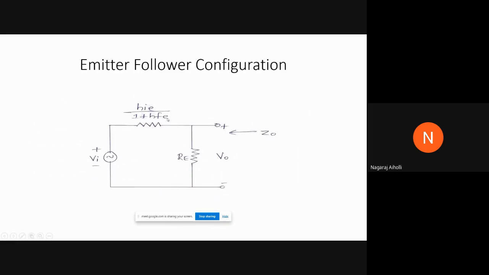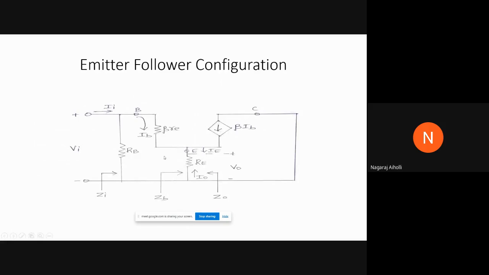In the emitter follower configuration, the small RE and the capital RE will come in parallel. We have the input voltage VI and the output voltage V0. If we look into this circuit, when we consider the AC equivalent circuit, the AC resistance and the emitter resistance RE come in parallel, because there is a junction here.